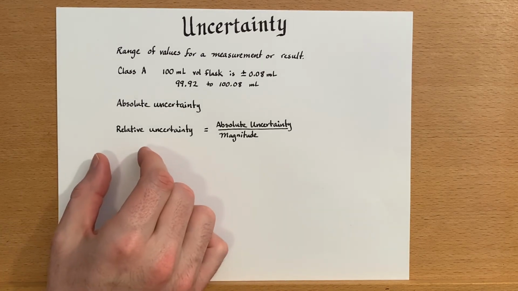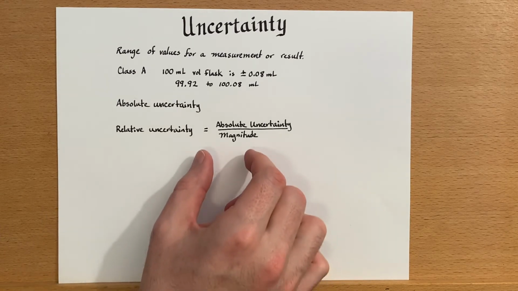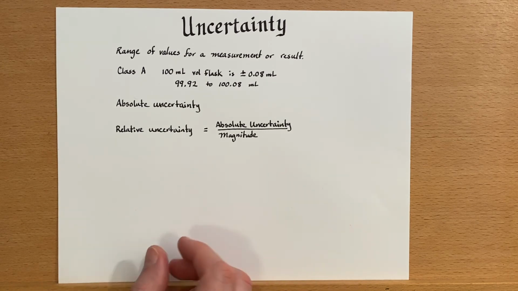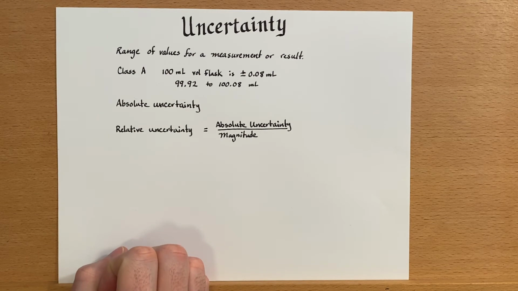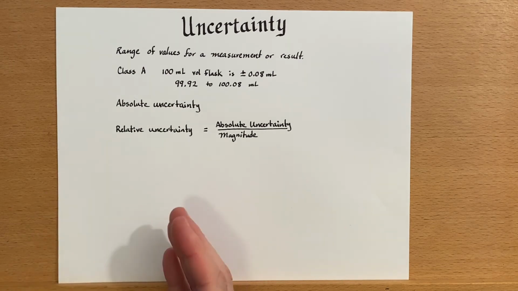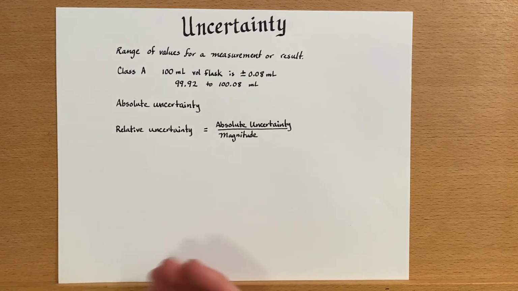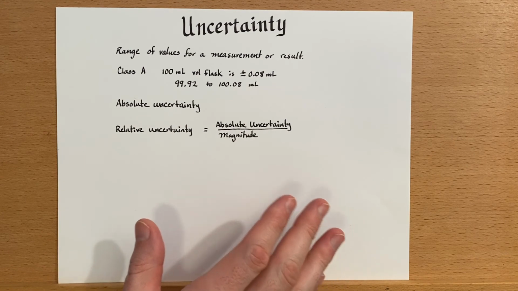Because if we make a measurement and then we use that measurement in a calculation in conjunction with some other measurement, which is common, often we're not just using one piece of equipment one time. Perhaps we're using a pipette and we're also using a volumetric flask, and we may be using a balance and a burette. Who knows? There's a lot of different equipment.